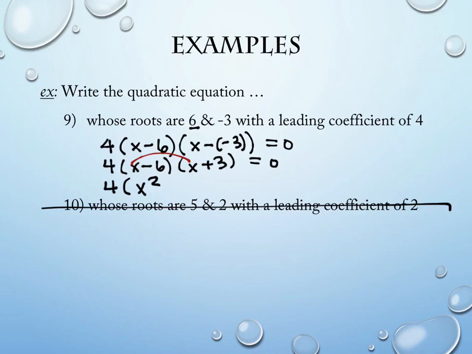Inner terms is -6, and the outer terms, inner and outer. So the inner is -6, the outer is 3x. So -6 and +3 is, actually, let me just write it out. -6x, +3x. Inner terms, outer terms. And then my last terms are -6 times 3, which is -18.